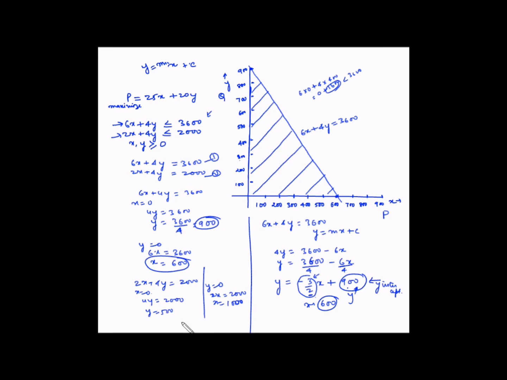So the second line intercepts the y-axis at 500, which is this, and the x-axis at 1000. So let me extend this line to represent 1000. Okay, so let us now draw this line.